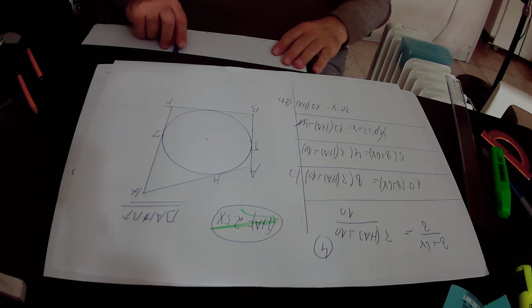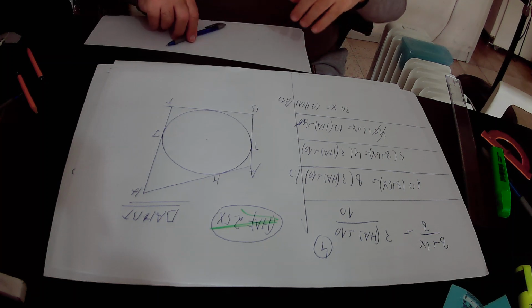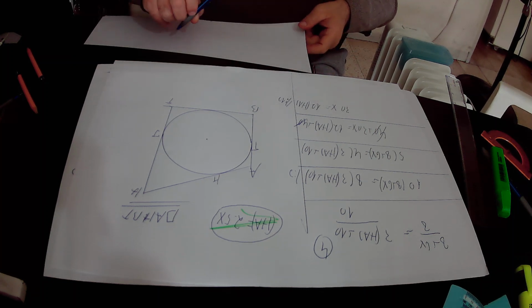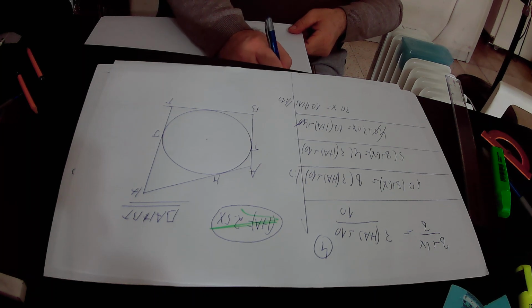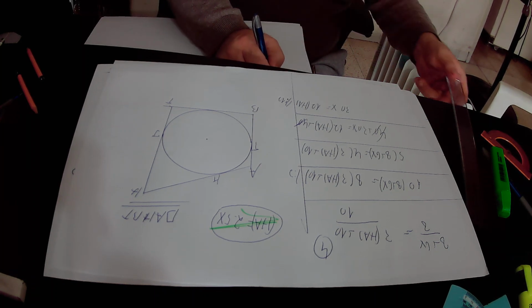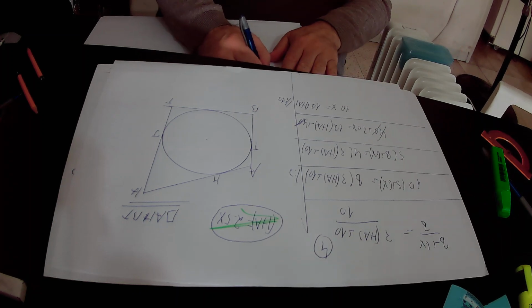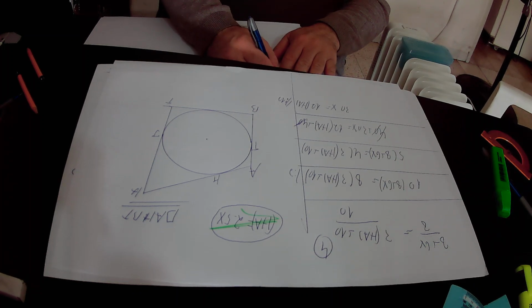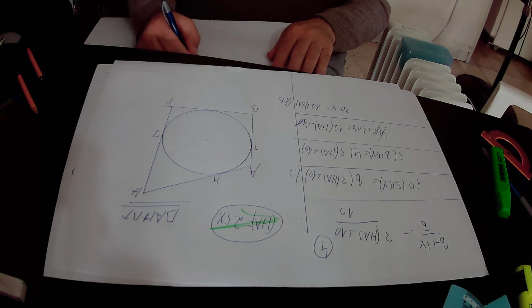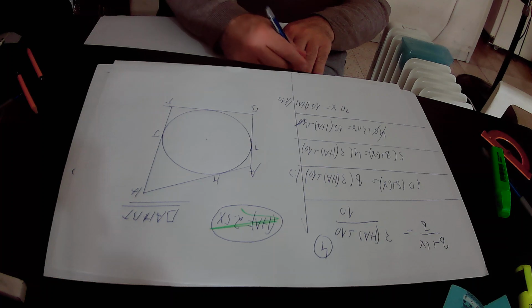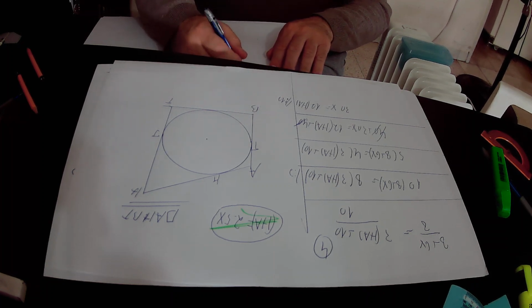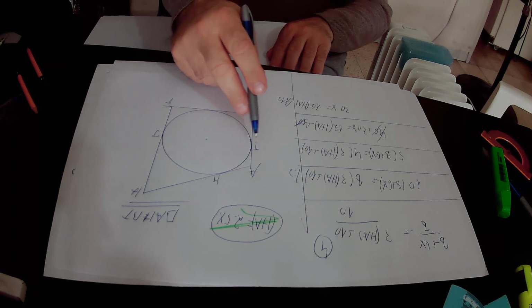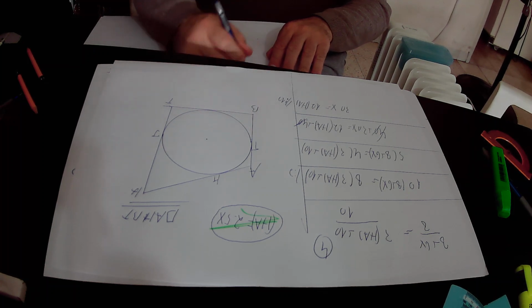We can implement rule 2 in our drawing. Why? Because if we focus on the common external point A, from point A we have two tangents to this circle, tangent AT and tangent AK. According to rule number 2, they are equal to each other.